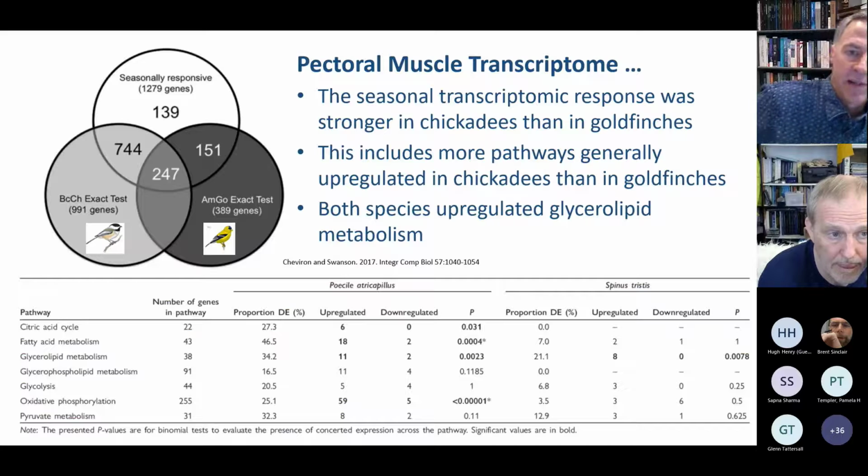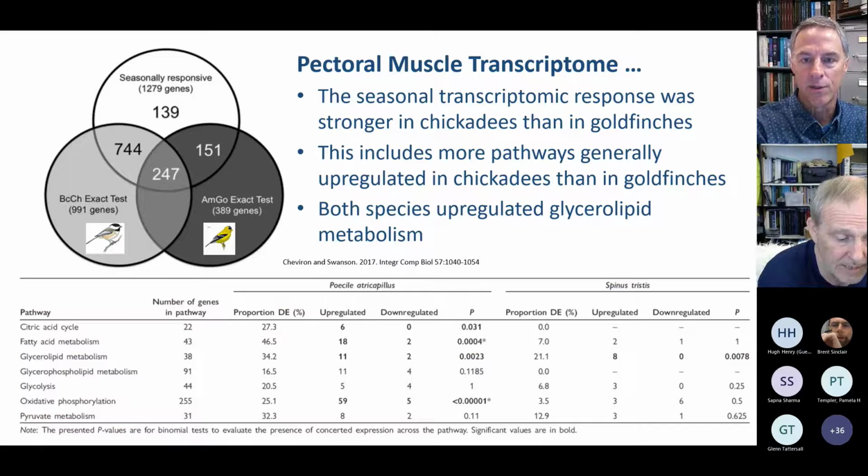So now I want to move into the second possibility, and that is the cellular metabolic intensity changes. And so this is work that I did with Zach Chevron at the University of Montana, looking at a pectoral muscle transcriptome for black-capped chickadees and American goldfinches that were naturally acclimatized to summer and winter.